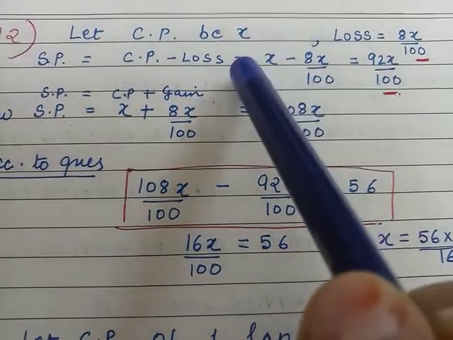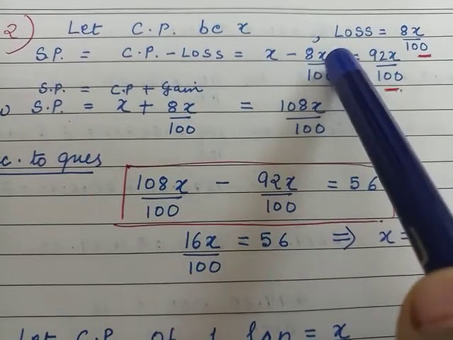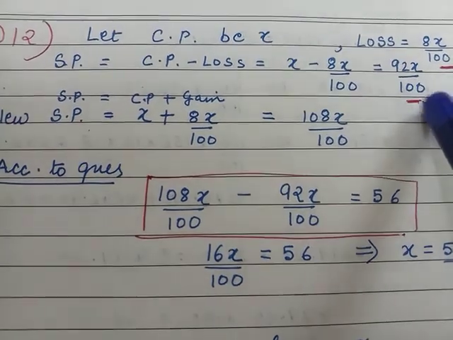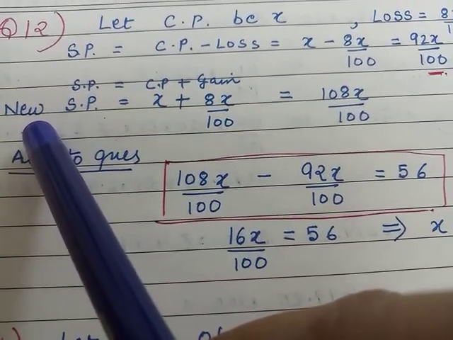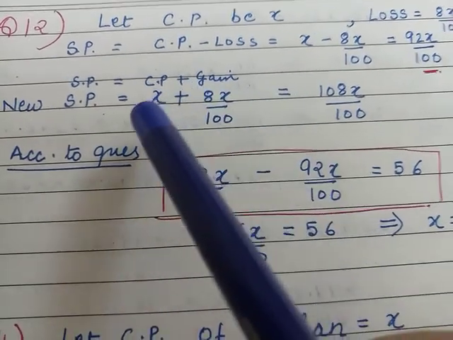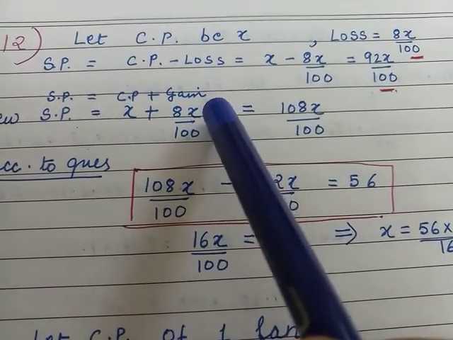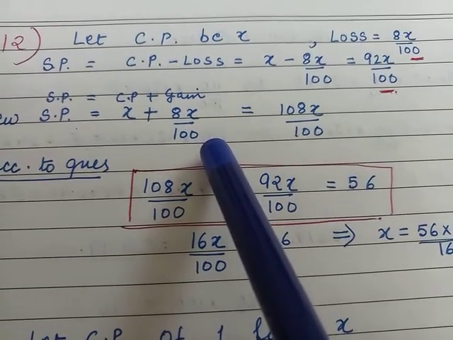You will take 100 as the LCM. 100 into x minus 8x will give you 92x upon 100. In the next case, he is having a gain of 8%. So let the cost price be x. So new selling price will become x plus 8x upon 100.